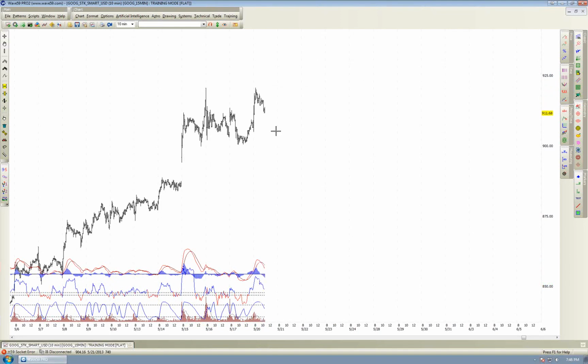So what we're going to be watching for is an initial 5 waves down and then a retrace back up to enter a short position. So what we have here, it looks like, is a wave 1, 2, then a wave 1, 2, 3, 4, and this should be our 5th wave.